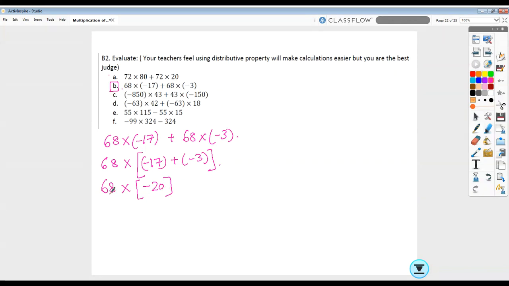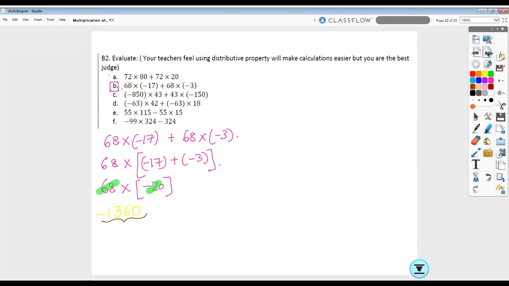Now, we can directly multiply 68 with 2, then apply a negative sign and a 0. So the double of 68 is 136, and then I put a 0 with a negative sign because the product here would be negative. This has given us an efficient way to solve this sum by the distributive property.